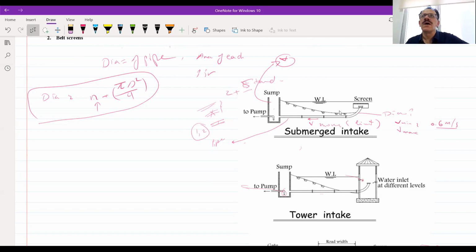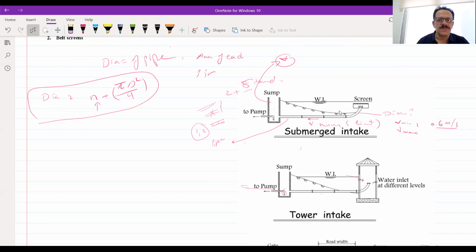We don't want a pipe with very little flow inside it, because this is raw water, and in raw water we have settlements and suspended solids. Those suspended solids should not rest in the pipe and clog it. So it should be a self-cleaning pipe, with a self-cleaning velocity.